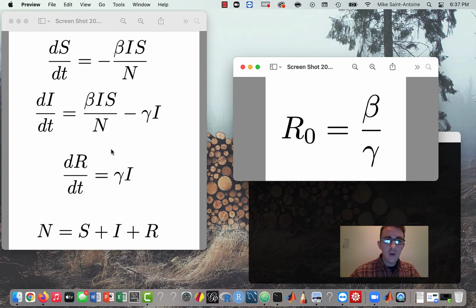We have one equation for this variable called S, and S here is the number of people in the population who are susceptible to getting this infection. I is the number of people who are currently infected with the disease, like this virus or whatever that's spreading around. And R is what's called the removed variable.